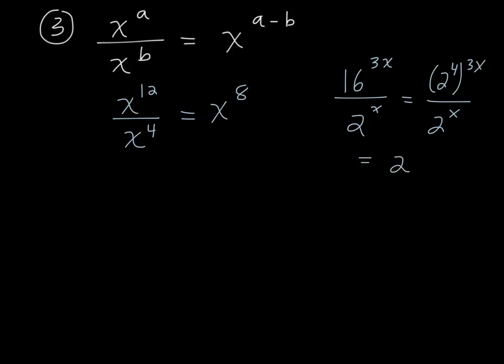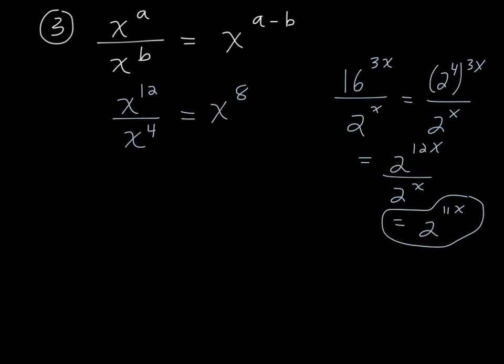So we have 2 to the 12x up above, and then you have 2 to the x in your denominator. So this is going to become 2 raised to, again, you're subtracting your powers when you have the same base. So we're doing 12x minus x, so that gives us 11x. So 2 to the 11x would be your answer.